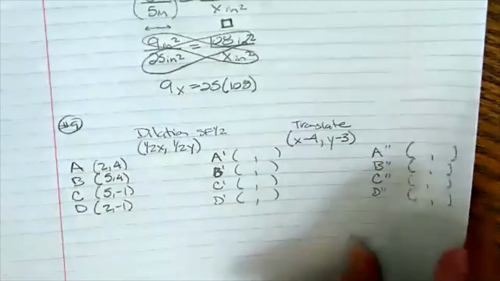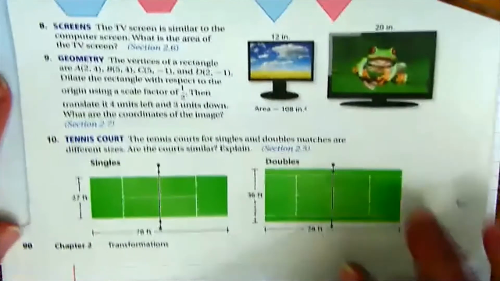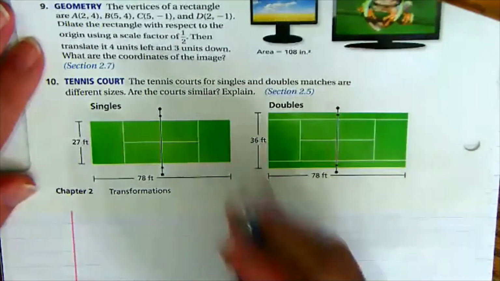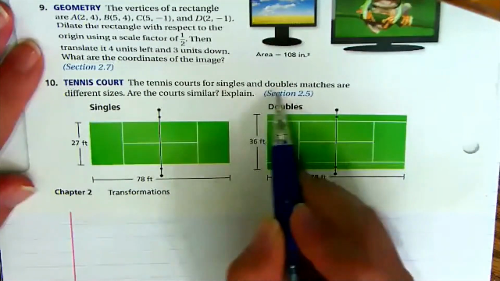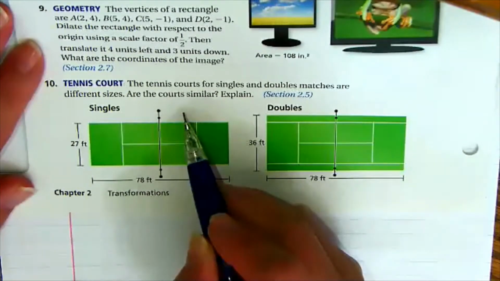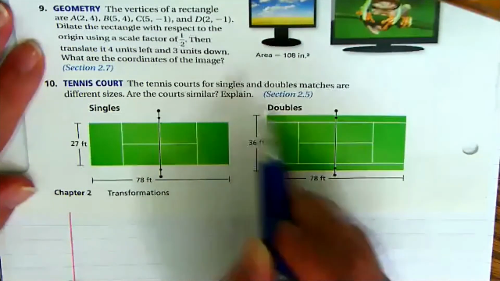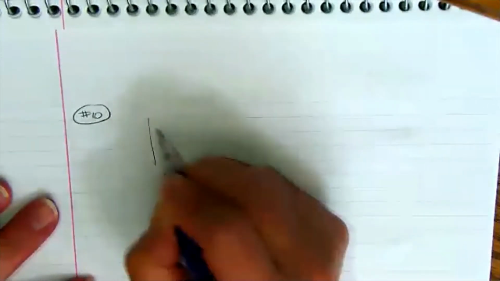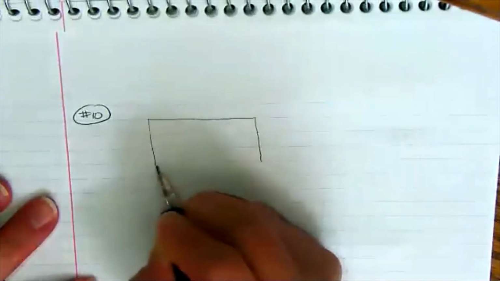Okay? And I want to set up number 10 with you. Number 10. Okay, tennis court. The tennis courts for singles and doubles matches are different sizes. Are the courts similar? Explain. Okay, so we have one tennis court that looks like this.